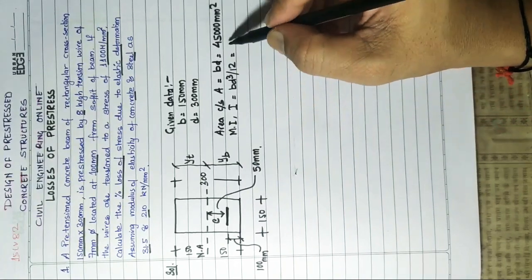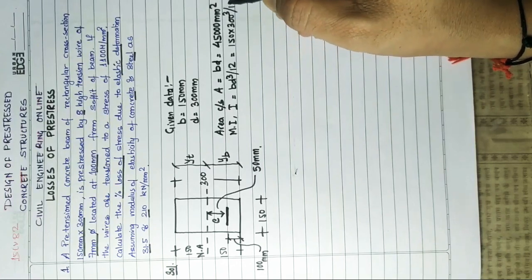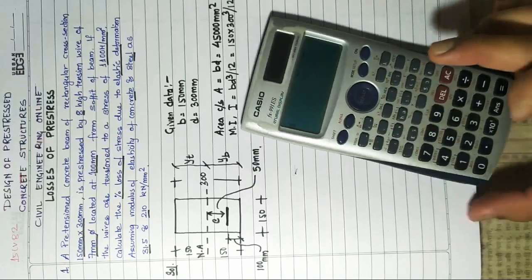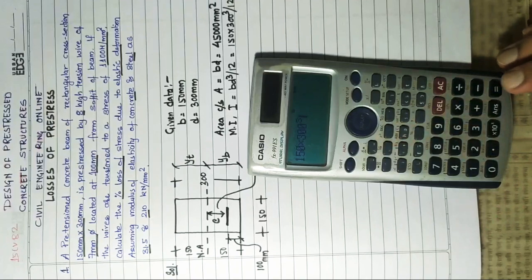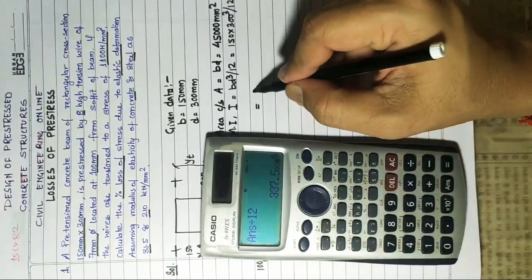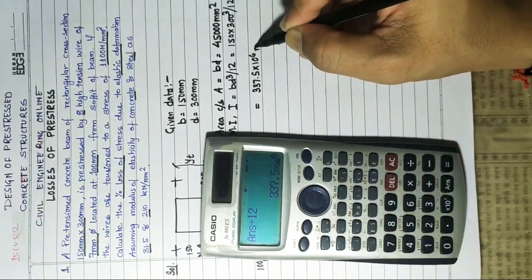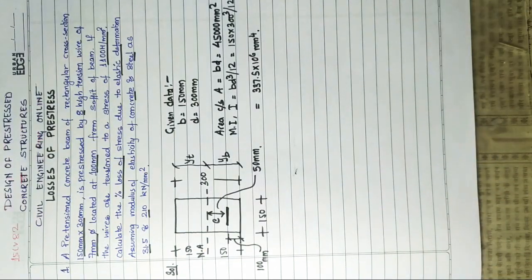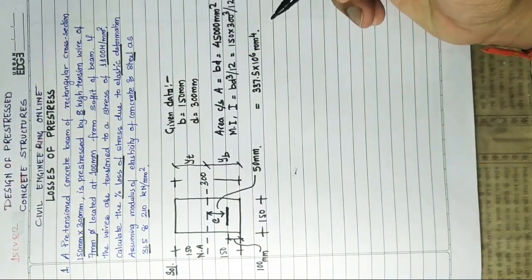When we substitute, that is 150 into 300 cubed divided by 12, we get around 337.5 into 10 raised to 6 mm raised to 4 as the value of moment of inertia. So these values are determined from the cross section of the given section.